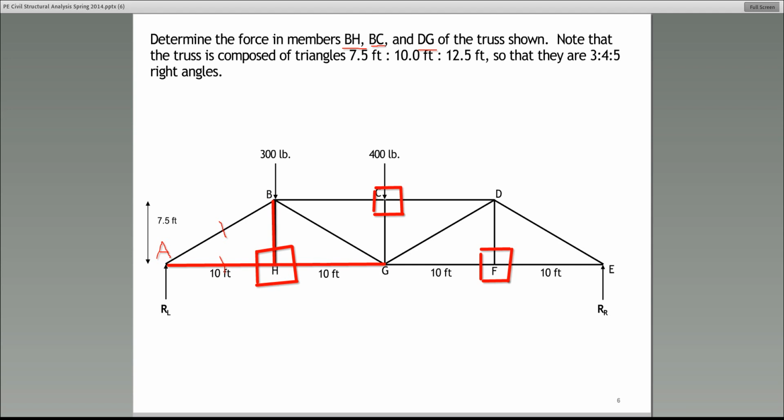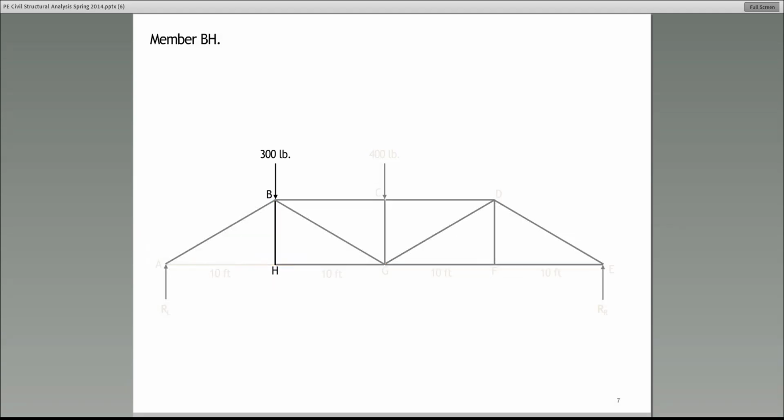Now, if you're solving for a member that is away from a joint, for example, BC or CD, a member sort of in the middle of the truss, I would recommend that you use the method of sections. All right. So these are guidelines for which method would be the quickest for any given situation.